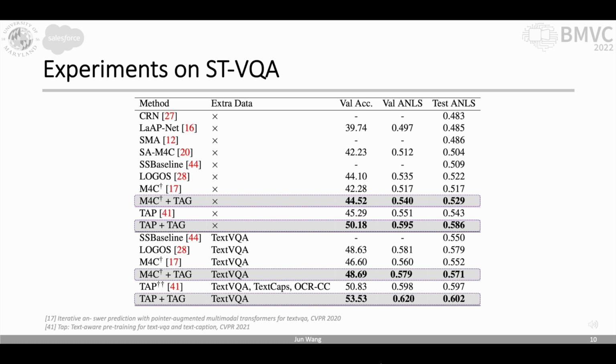In addition, the SOTA baseline TAP achieves 50.83% and 0.598 in terms of the accuracy and ANLS score on the validation set with additional text VQA and 1.4 million large-scale pre-training data, while our model TAG improves these results by a significant 2.7% and 0.022 with only additional text VQA data.